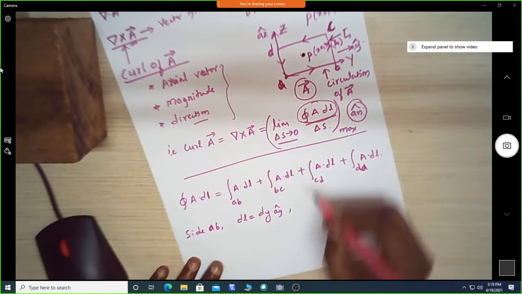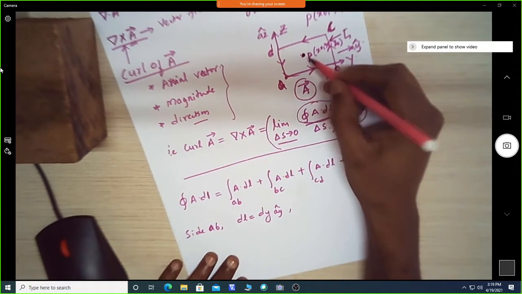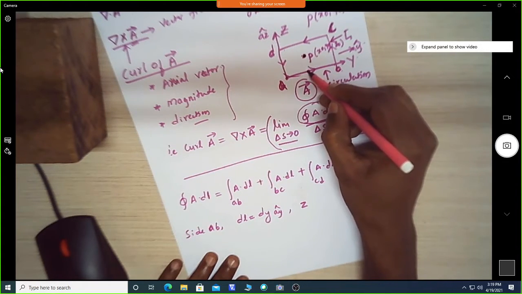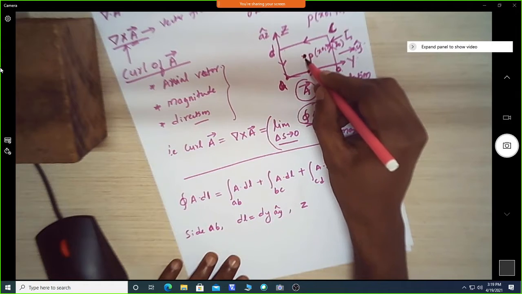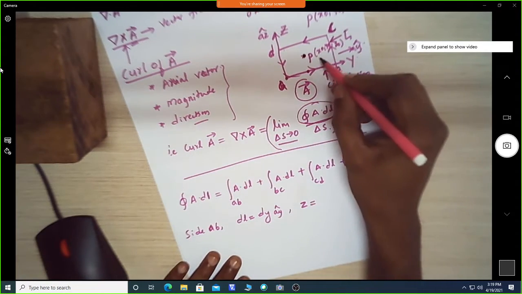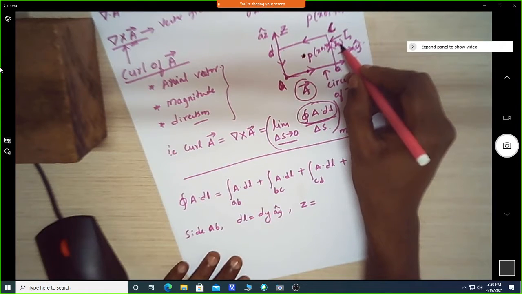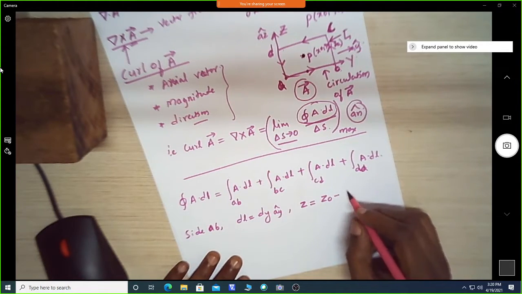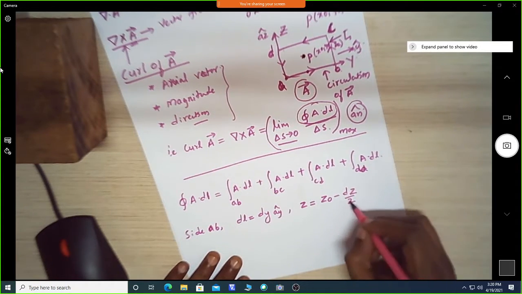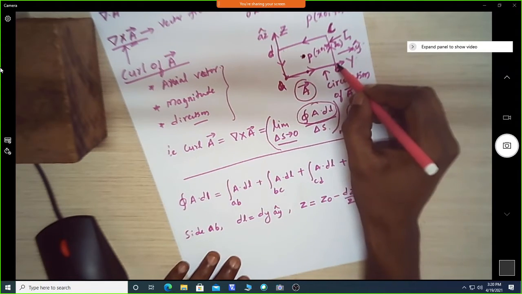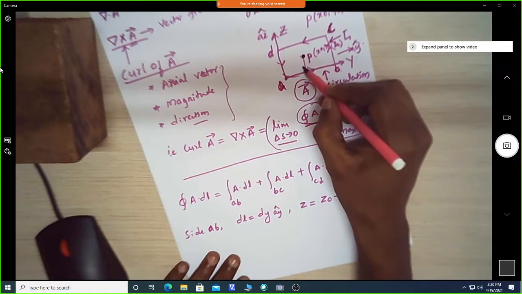Now if I consider the point z at this point, what is the difference here? If I take the point x naught, y naught, z naught, then this is z naught minus dz by 2. If I consider the point z on this line AB, how much distance is there?